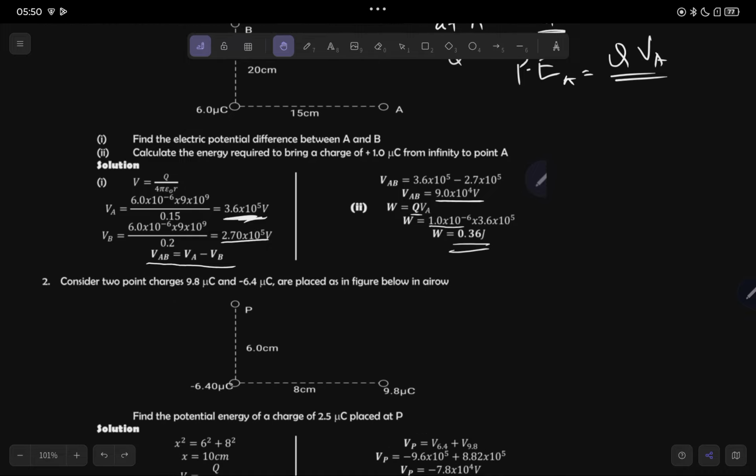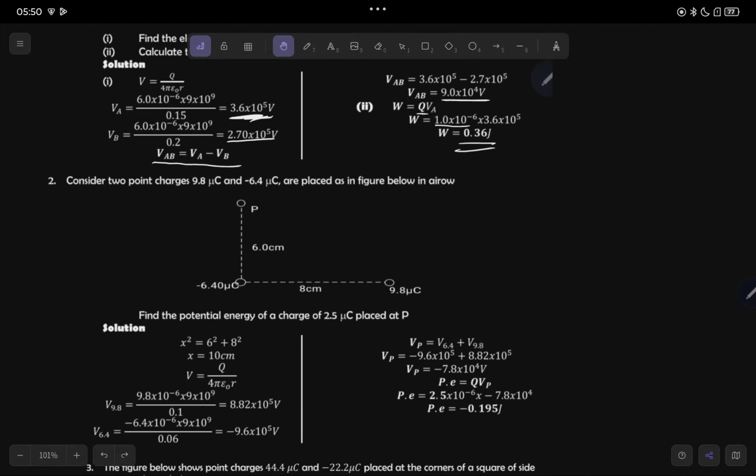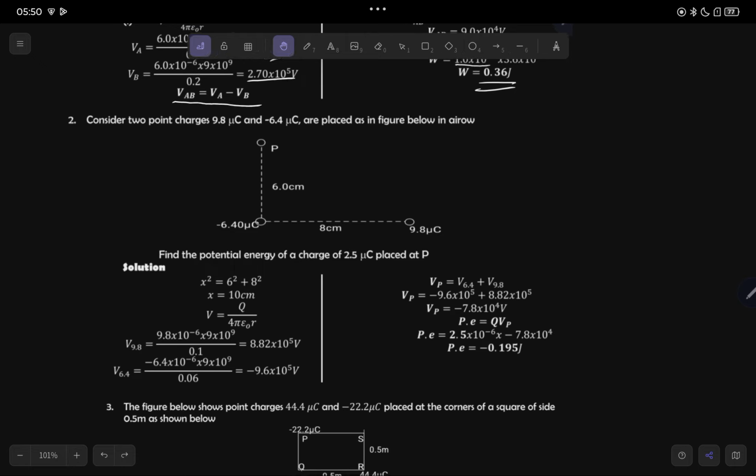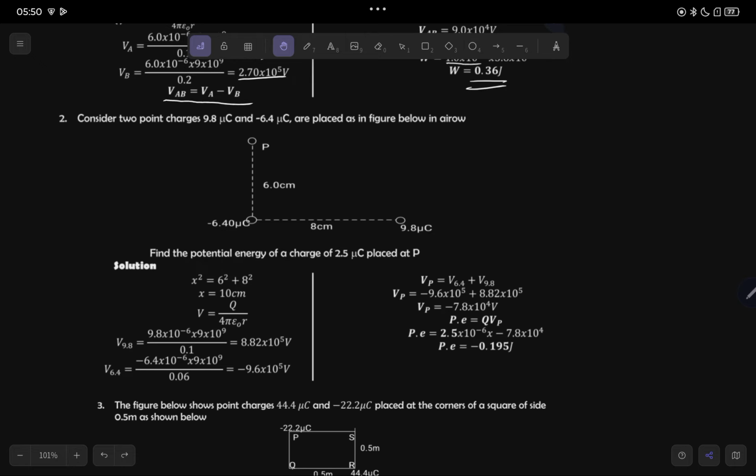Question number 2. Consider 2 point charges, 9.8 microcoulomb and negative 6.4 microcoulomb placed as in the figure below, in air. So if it is in air, we shall use epsilon naught, permittivity of free space.